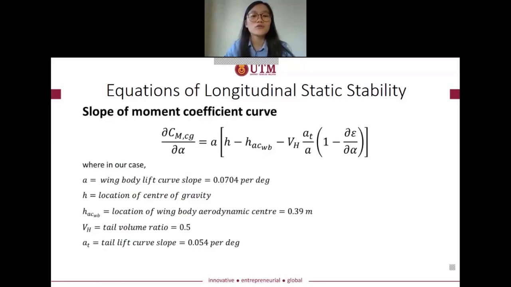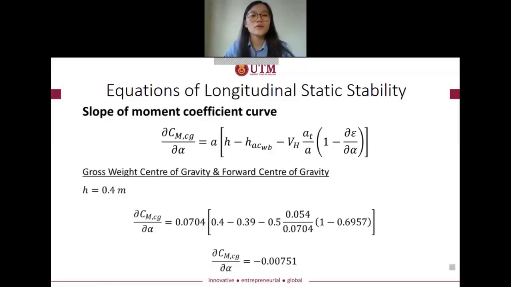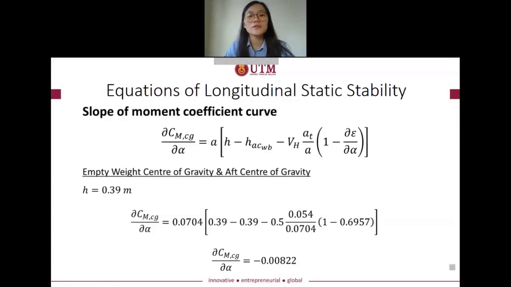This equation includes the effect of wing, body, and tail. Since the gross weight CG and forward CG are the same, the slope is calculated as follows. The same goes for the empty weight CG and aft CG. From the result of these two calculations, we can see that negative values are obtained, which means that it is a negative slope. This means that the first criterion is fulfilled.